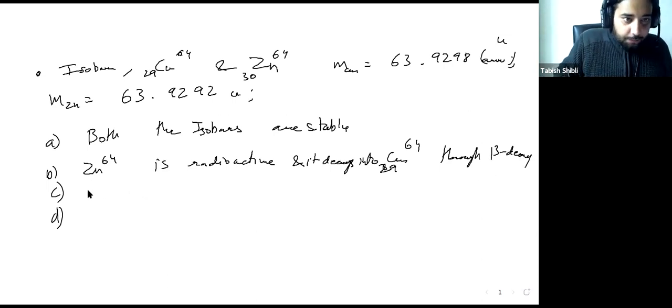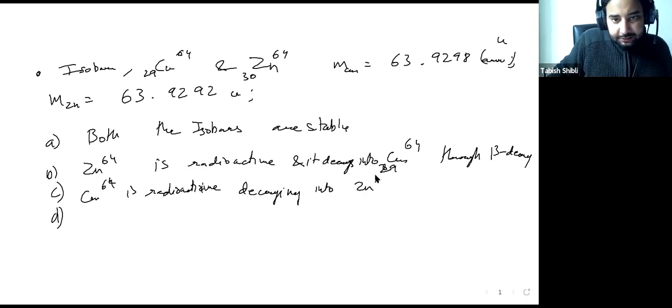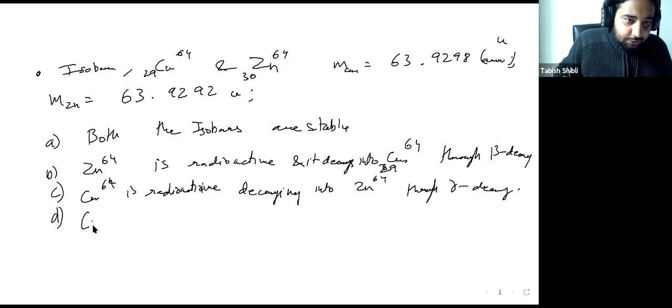Third, copper 64 is radioactive, decaying into zinc 64 through gamma decay. Or the last option is copper 64 is radioactive. I'm just putting double commas for things to be the same in the upper line and the lower line. Decaying into zinc 64 through a beta decay.